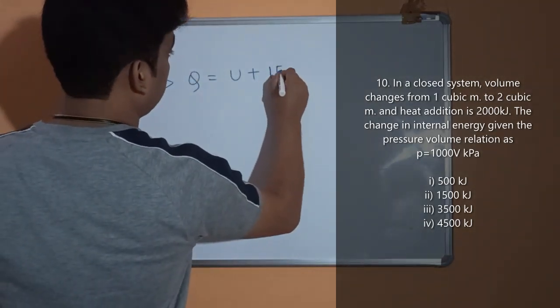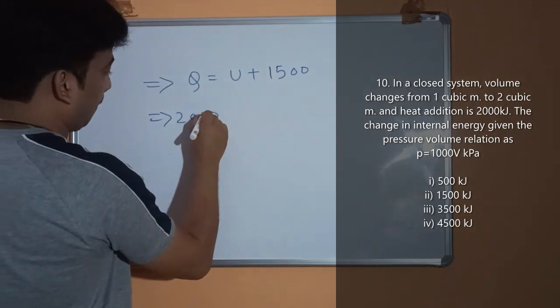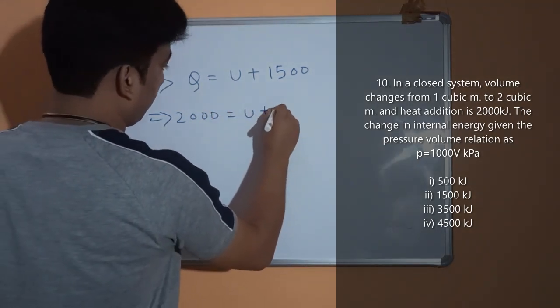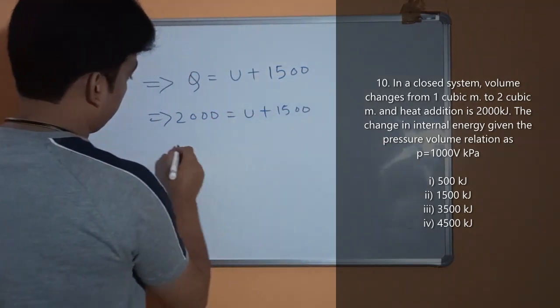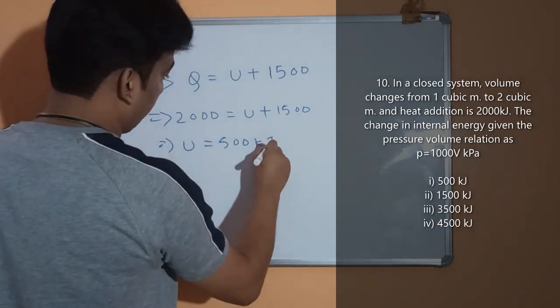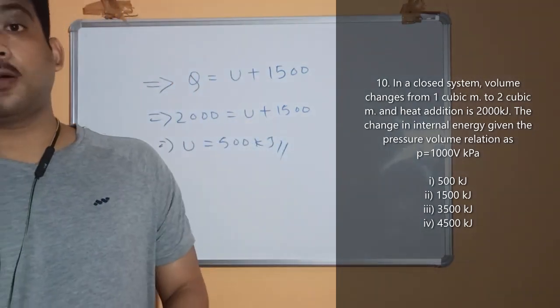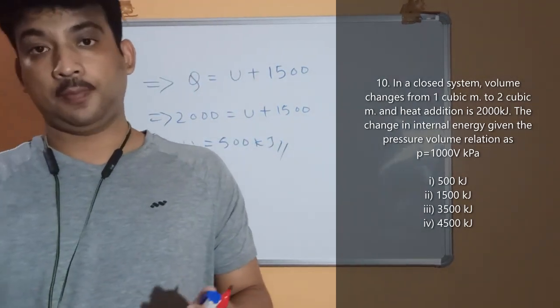Q is given as 2000. So the change in U will be equal to 500. The answer is 500 kilojoule. The correct option is option 1.